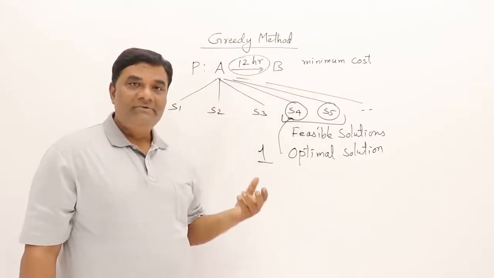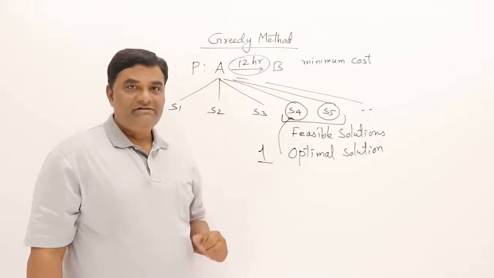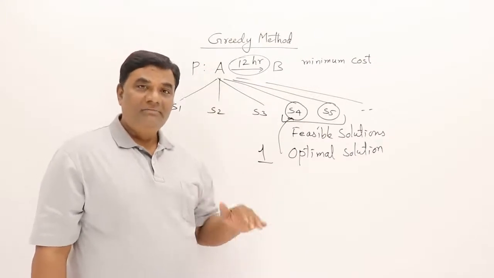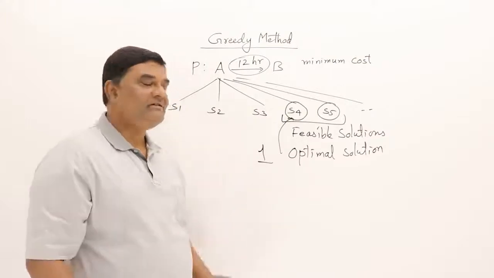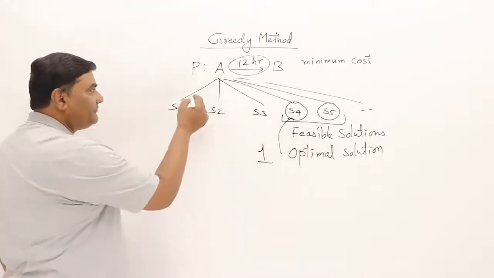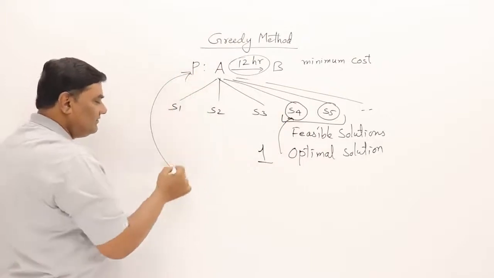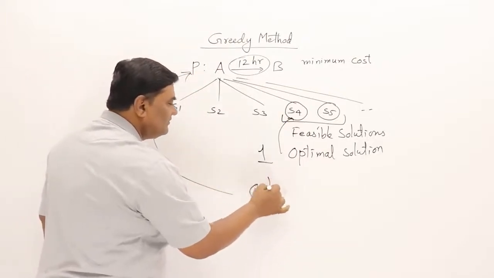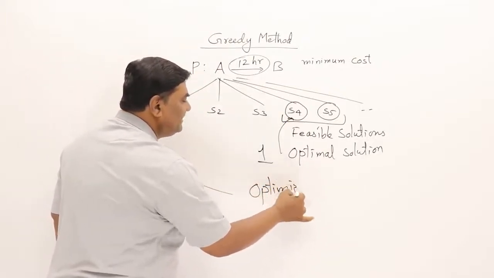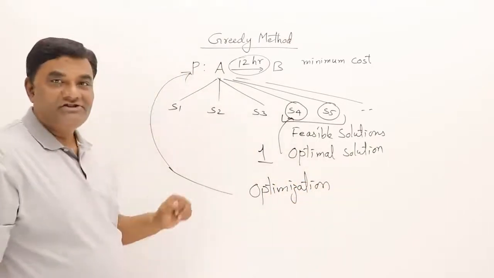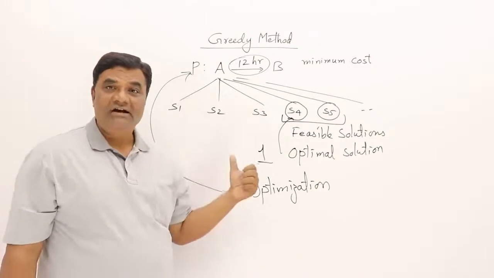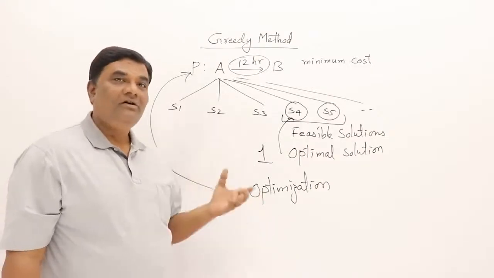This problem requires a minimum result. Some other problems may require a maximum result. So if a problem requires either a minimum or a maximum result, then we call that type of problem an optimization problem. An optimization problem is one which requires either a minimum result or a maximum result.